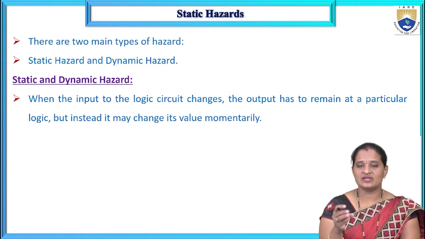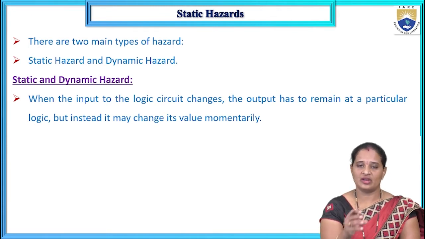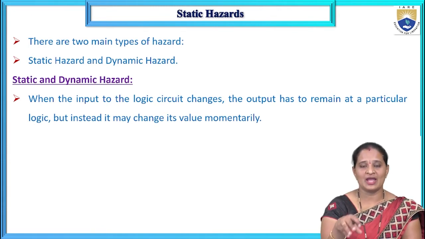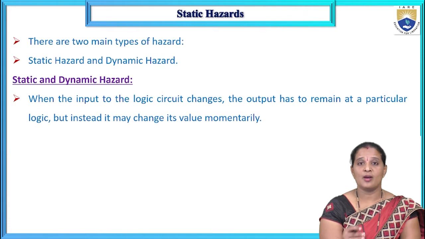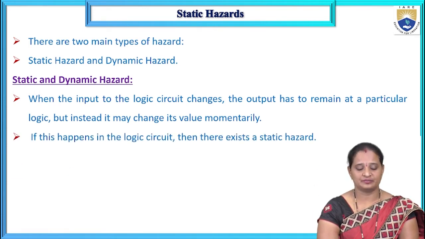That means even if I change the input of a logic circuit, the output has to retain the same state. The output has to be locked at a particular value, either at logic 1 or logic 0, but for some time, momentarily, the output value may change. Such hazards are called static hazards.